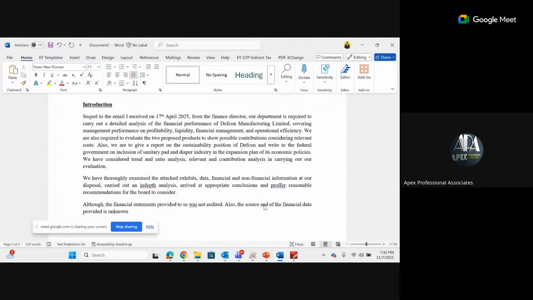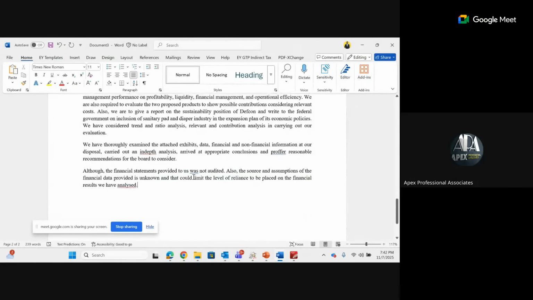And that could limit the level of reliance to be placed on the financial results we have analyzed.